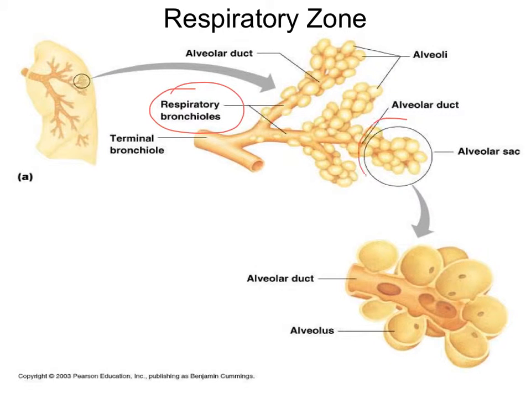And the alveolar duct is going to be here as well, where we see individual alveoli. These are the little air sacs that you see. And so this is where air comes in, and the capillaries are going to be surrounding all of these alveoli, or alveolus is singular, and this is where gas exchange will occur.